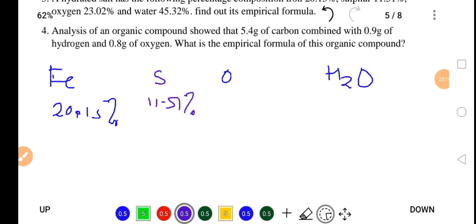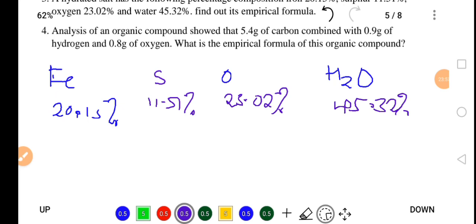That of oxygen is 23.02%. And that of water is 45.32%.